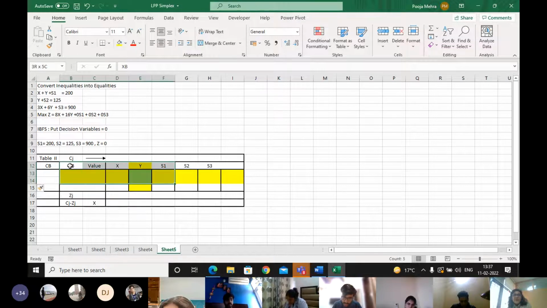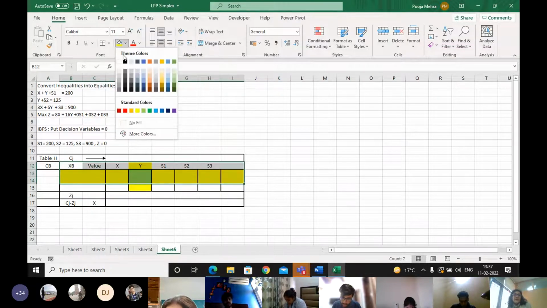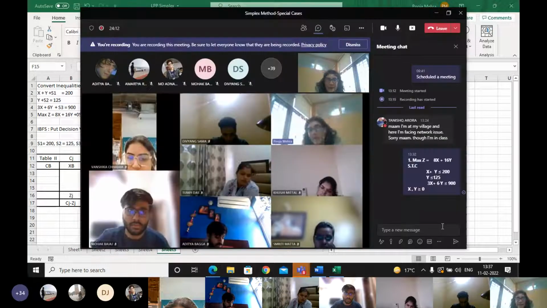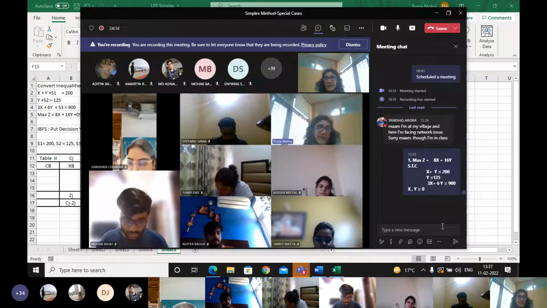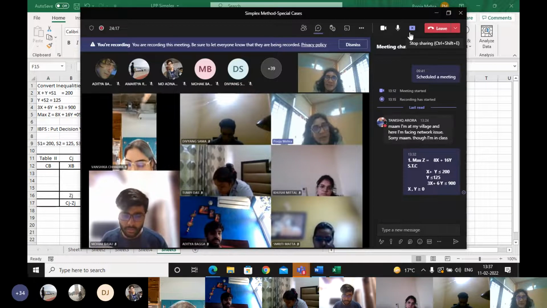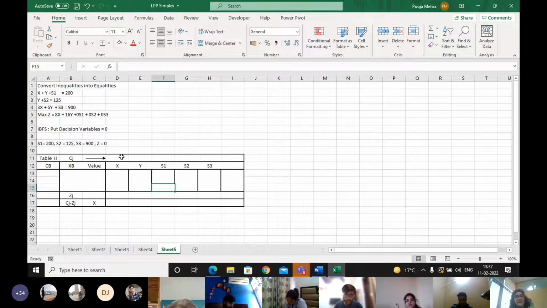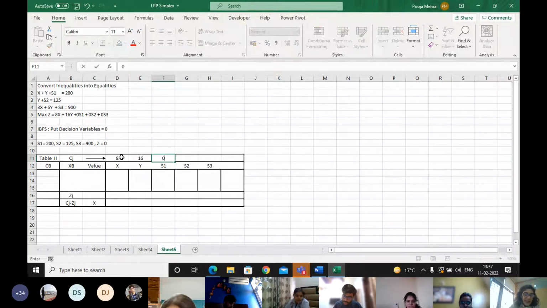Coefficients of the decision variables and the slack variables and all the other variables based on the objective function. Khushi, what should I write here in the Cj? Ma'am, 8, 16, 0, 0, 0, because we have 3 slack variables.